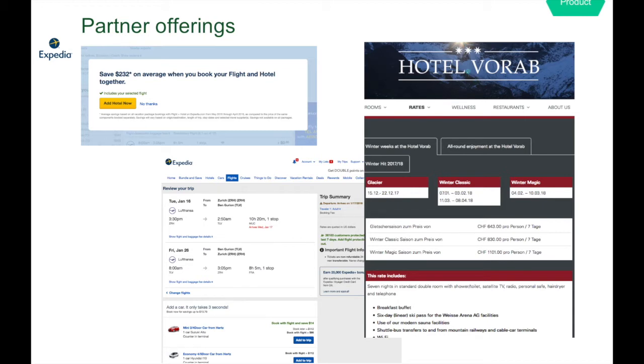And if you read below, they are saying that this rate includes, and then there is listed what it does include, and the second line is a 6-day ski pass for Weisse Arena AG facilities. So that's Weisse Arena AG, the name of the company that operates all the lifts on the mountain.